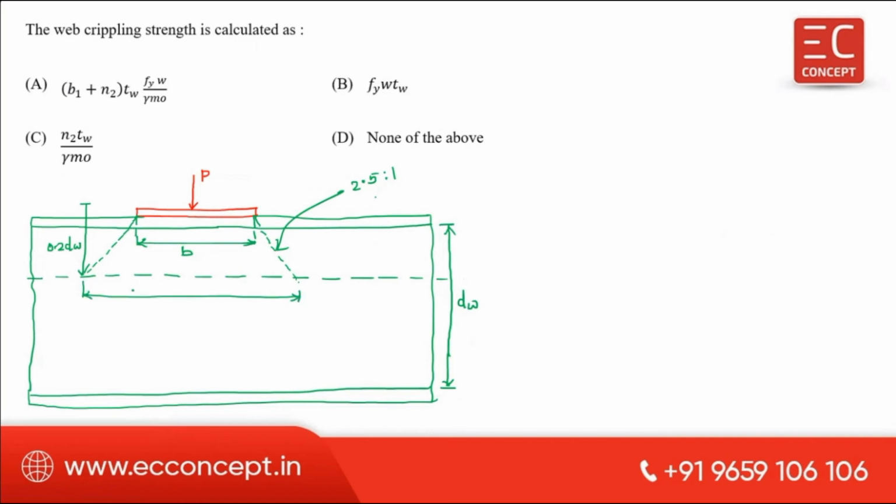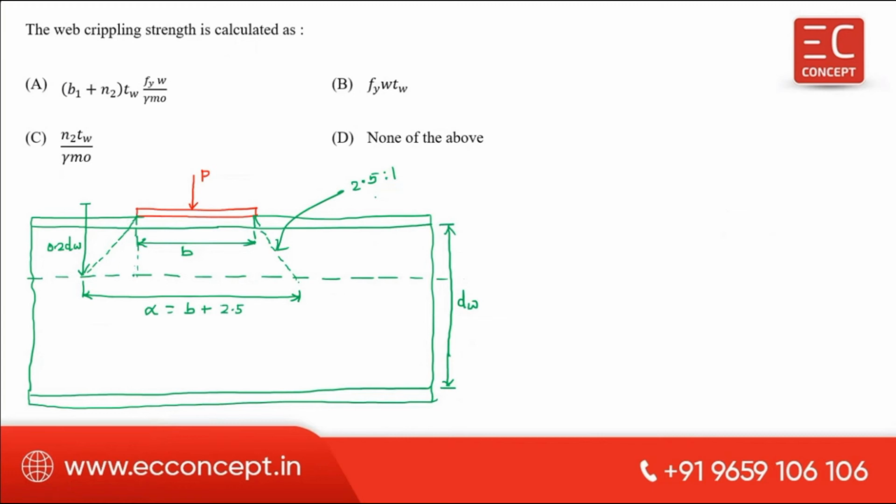Now this distance, we can take it as alpha. This alpha is equal to this B plus, generally it follows 2.5:1. Okay, so therefore this thickness is 2.5 into this depth. There are two axes.